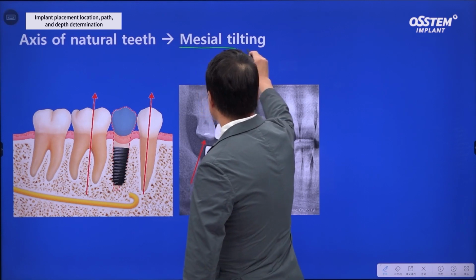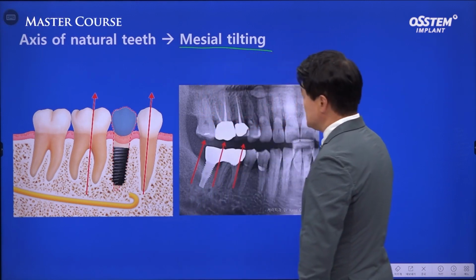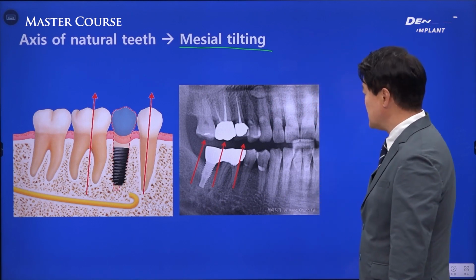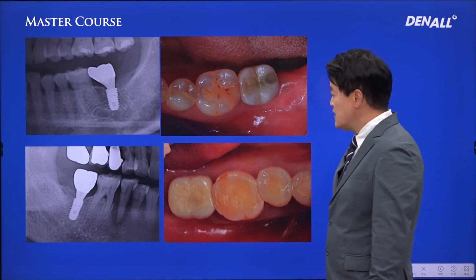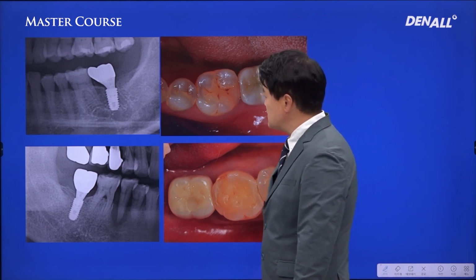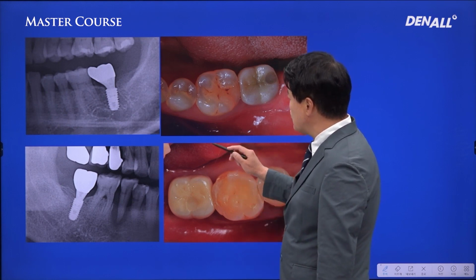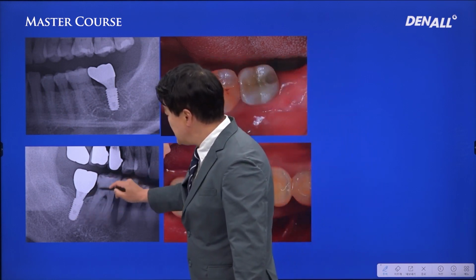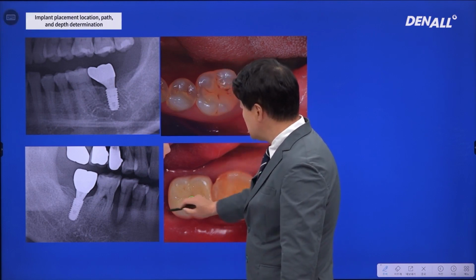If the direction is normal, just like the axis of natural teeth, mesial tilting needs to be provided. That is very important. So in the second premolar position of the lower jaw, this implant is mesially tilted, and the implant is at the center of the prosthesis.